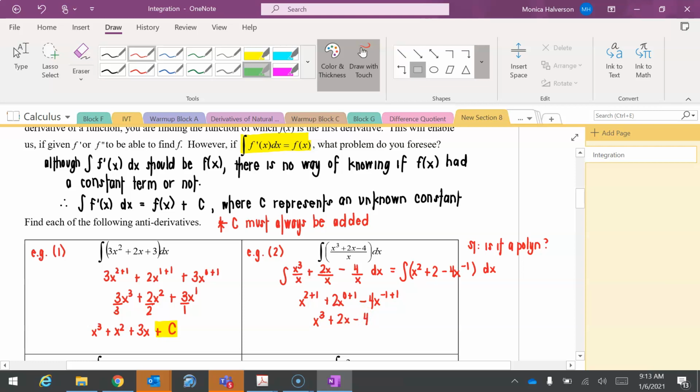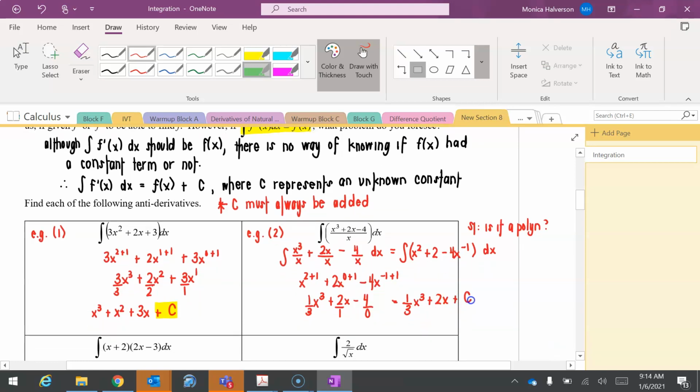And then we're going to divide every coefficient by the new power, and we are going to get 1/3 x to the third plus 2x plus c.